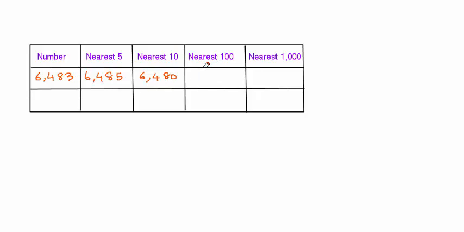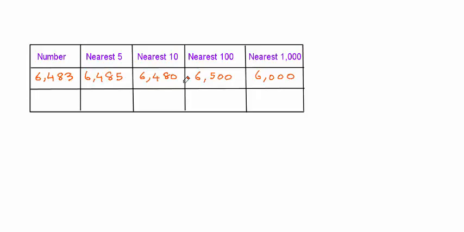The nearest 100 to this number is 6500, because 483 is closer to 500 than to 400. And to the nearest 1000, this number is 6000, because this number is closer to 6000 than to 7000.